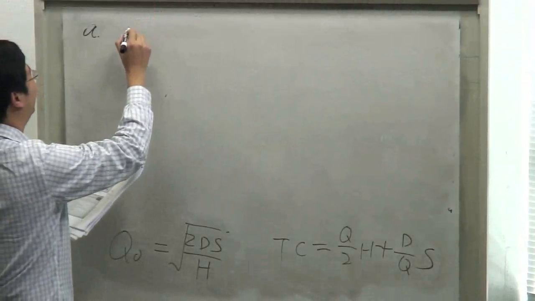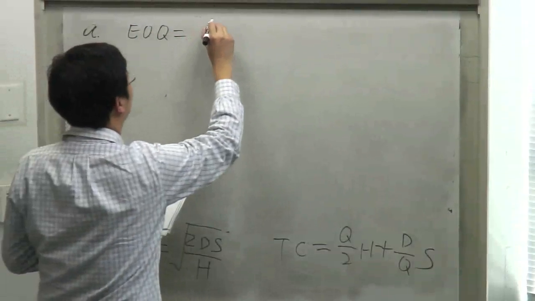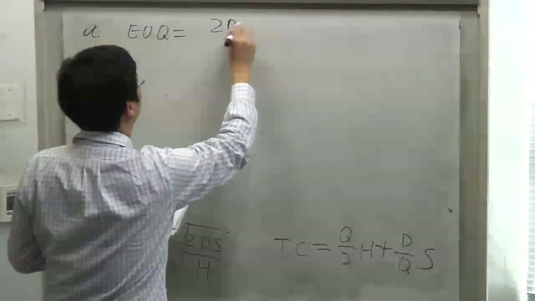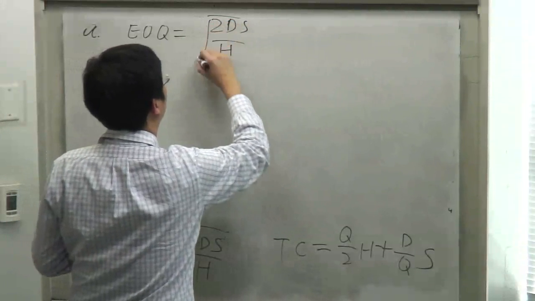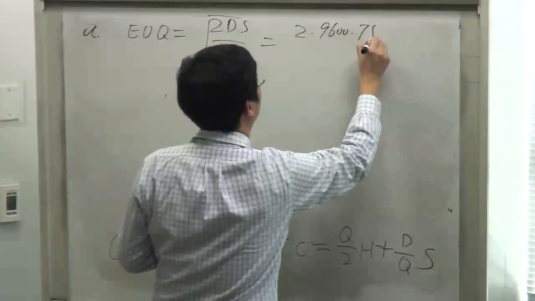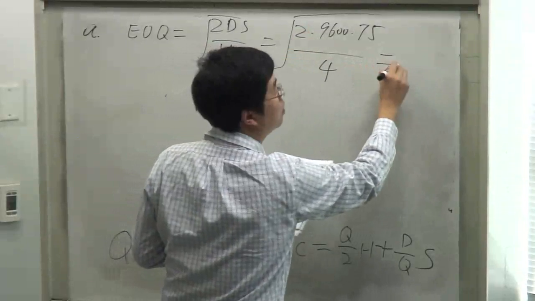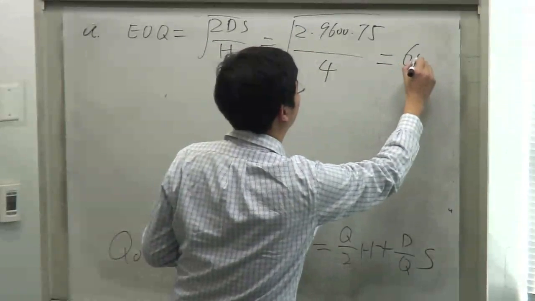Alright, so the EOQ equals 2 times 9,600 times 75 divided by 4, and you put that in, equal 600. Very good.